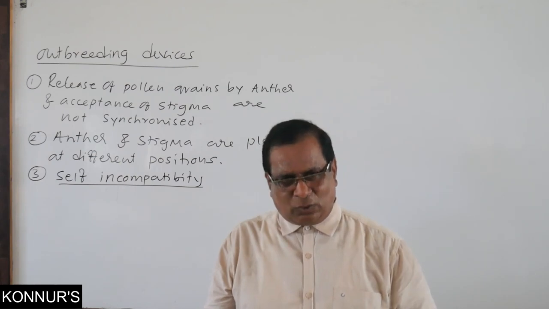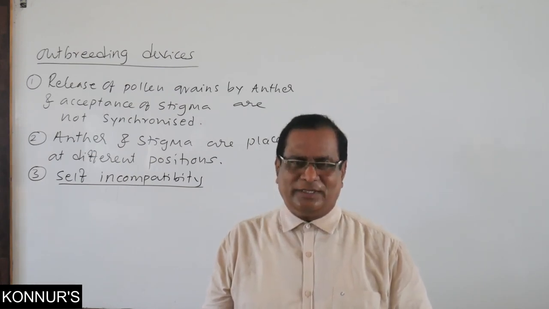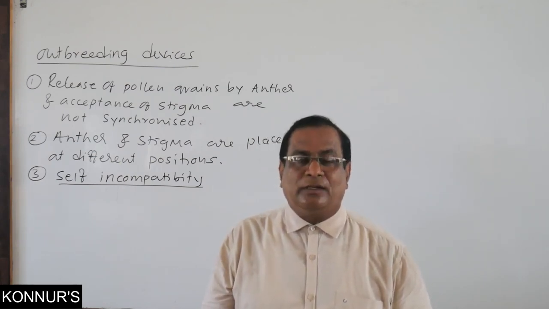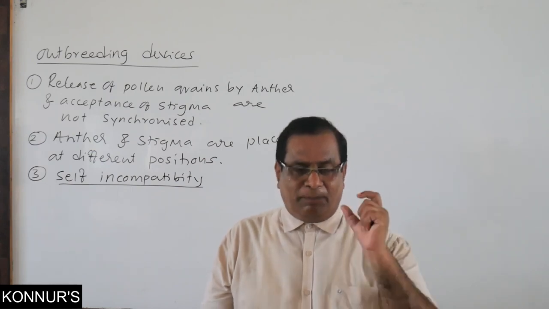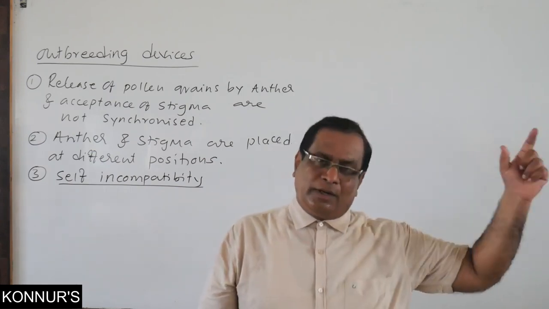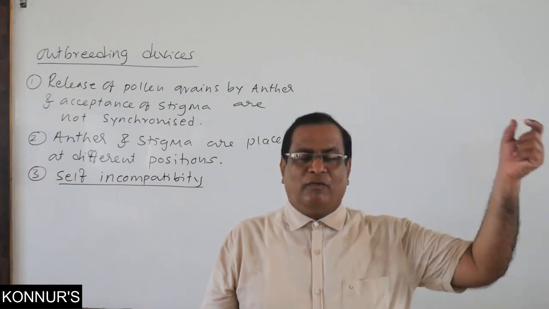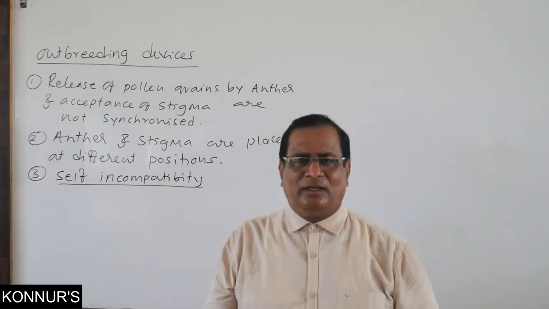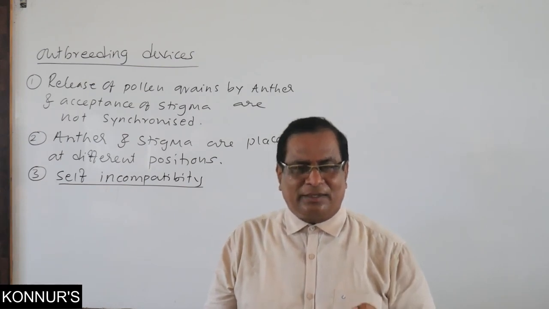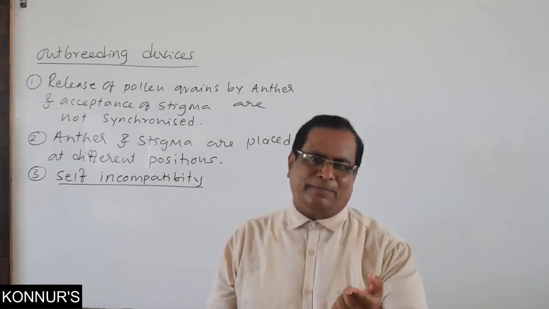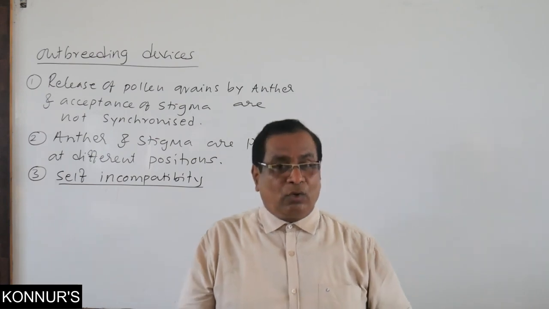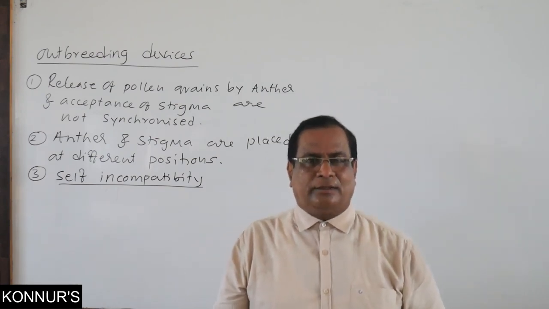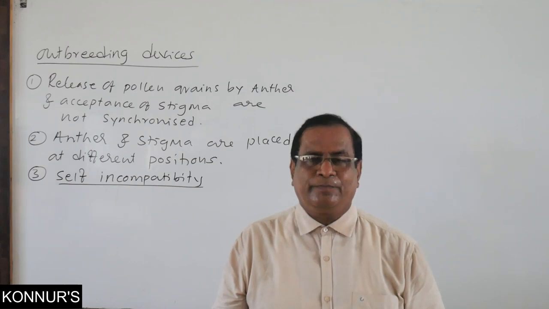Another answer is incompatibility, and you have to create the question. The question is: the pollen grains from a different species fall on the stigma and the stigma rejects them. The answer is incompatibility. And one more answer here is compatibility.